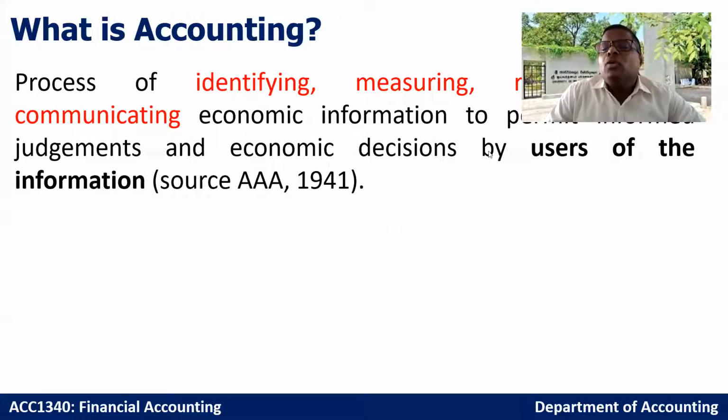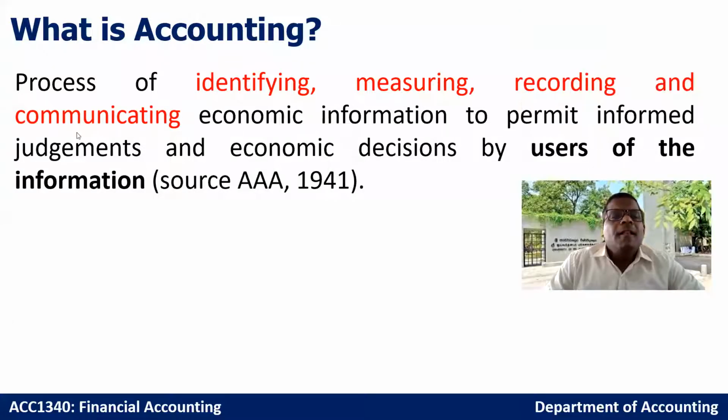What is accounting again? The process of identifying, measuring, recording, and communicating economic information to permit informed judgment and economic decisions by users of the information. This is a 1941 definition, which is very old.